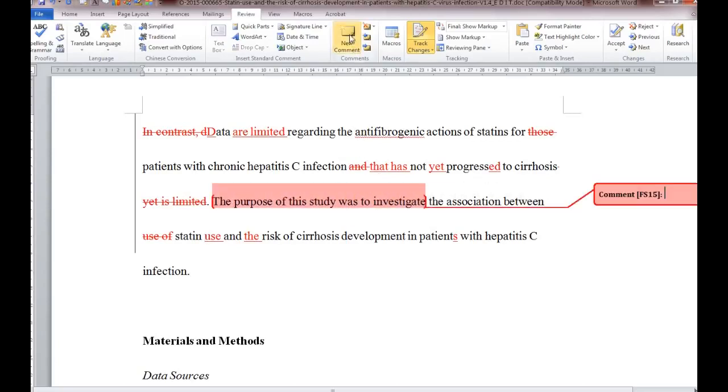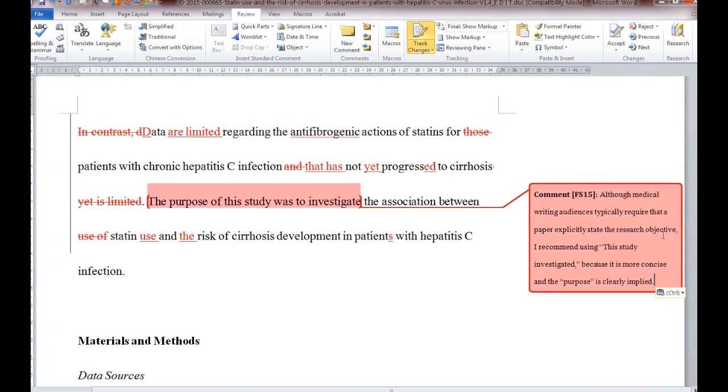Now I could have this as between the use of statin, and statin is countable, so I have to say statins. Between the use of statins and the risk of. Not really a problem, but what I had before was more concise.